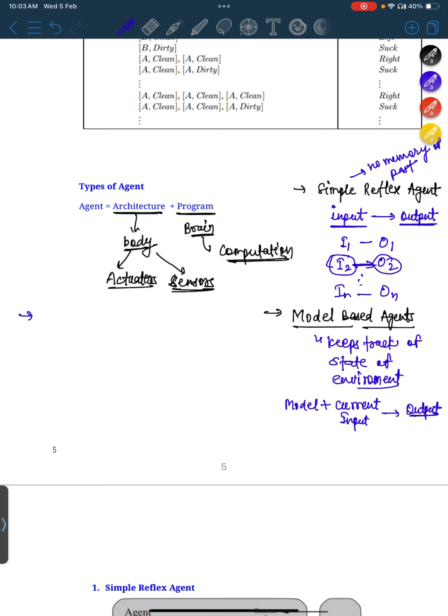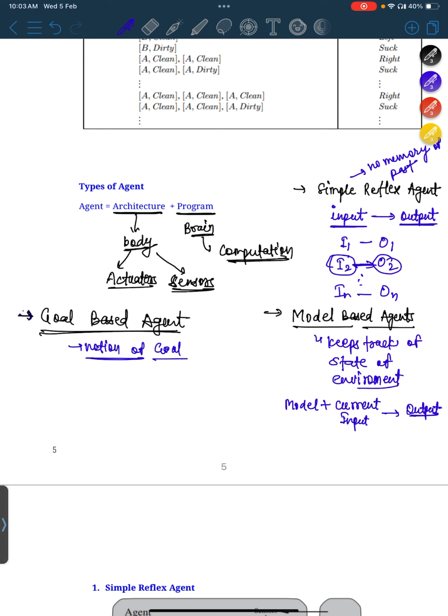Then there are the so-called goal based agents. So goal based agents are the model agents only, which also have the notion of goal, कि exactly what is the task that the agent is trying to do. So they introduce a notion of goal which an agent is trying to fulfill or trying to complete like a task.